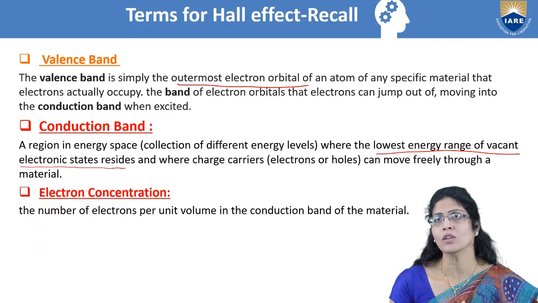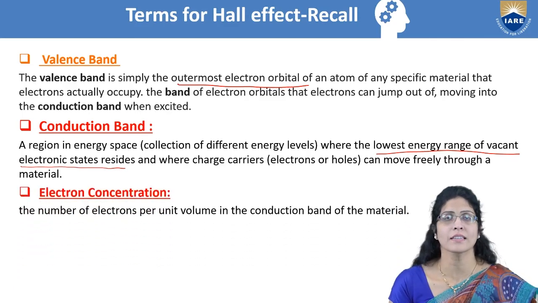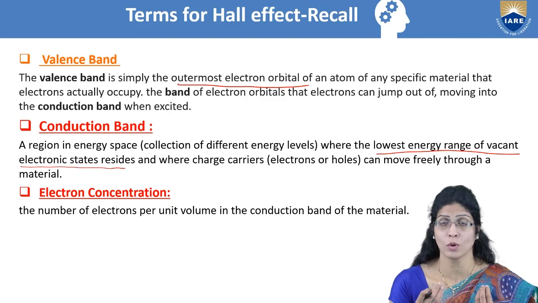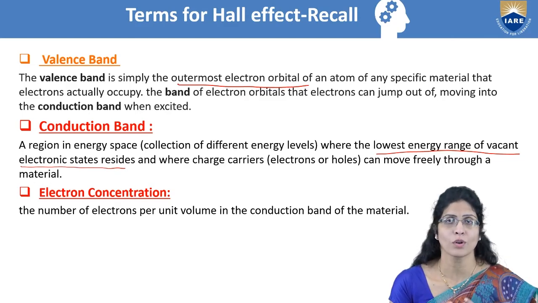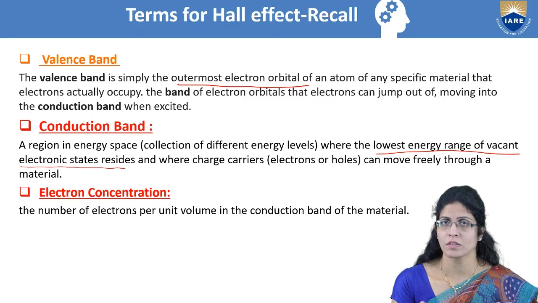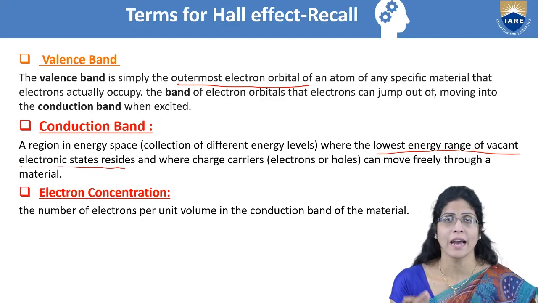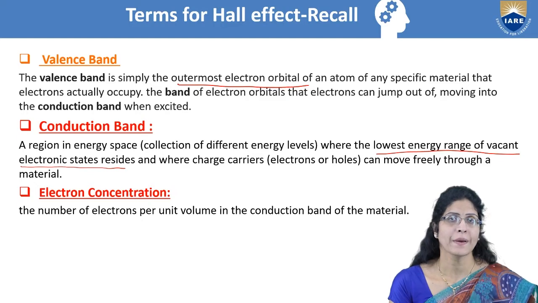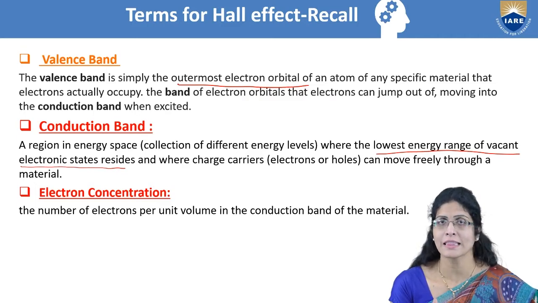Then what is electron concentration? Concentration, in chemical terms: if you want to prepare a sugar solution, you take some prescribed amount of sugar and add it to water. The amount of sugar you take for that particular volume of water gives you the concentration of sugar in that solution.